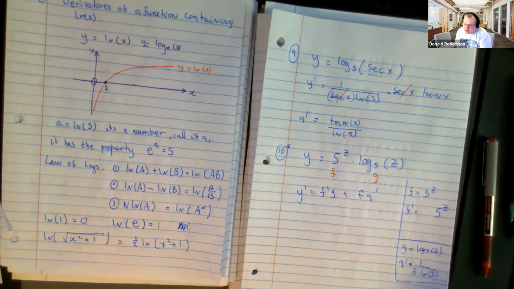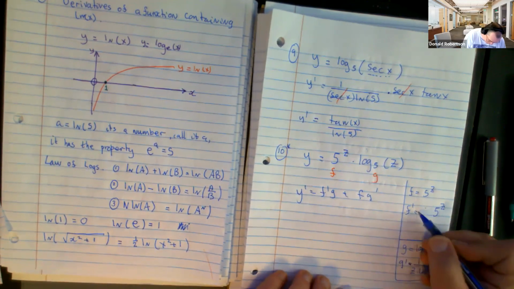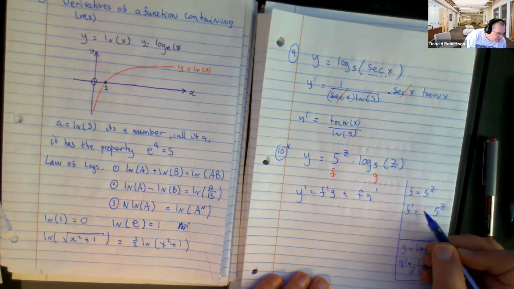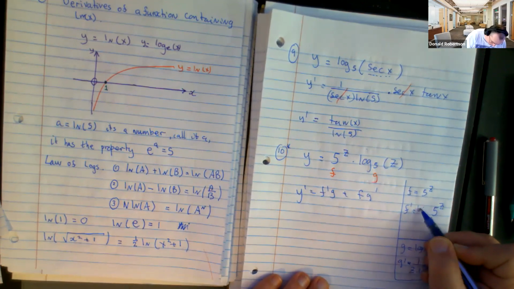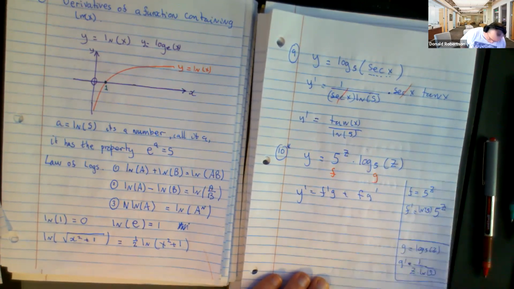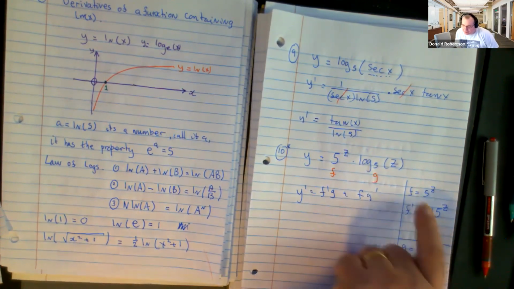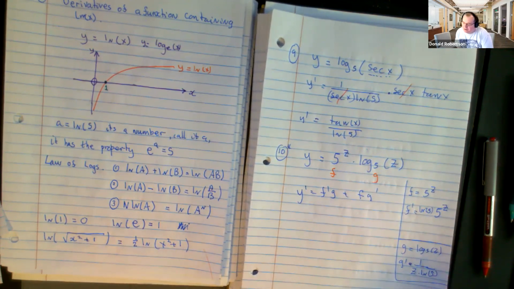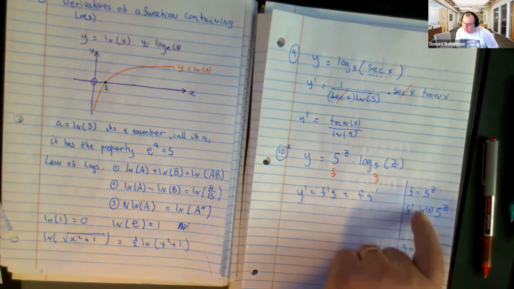But 5 to the z gets you 5 to the z times something. What goes here? Last chance then. It's also the natural log of 5. So you see when it's a power, you multiply, and when it's a log, you divide. See the reverseness of them.